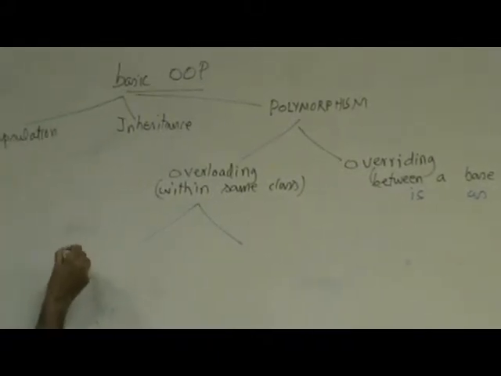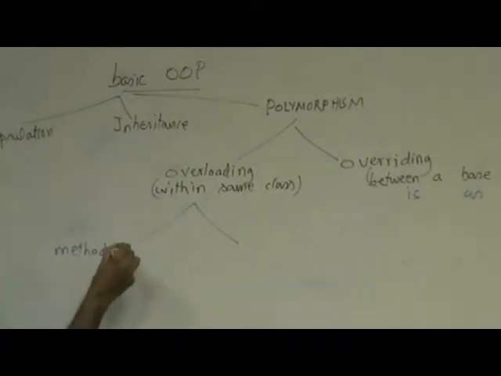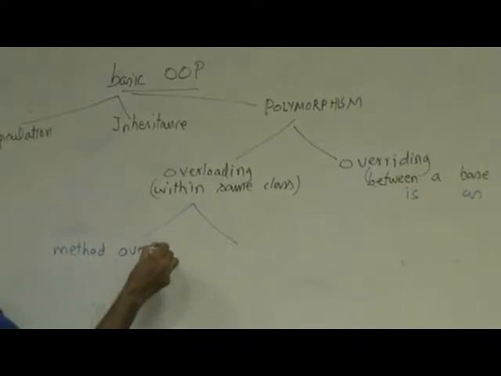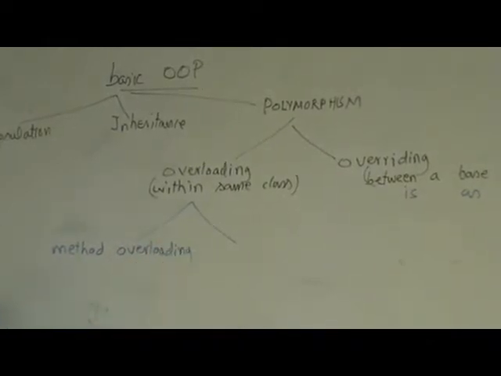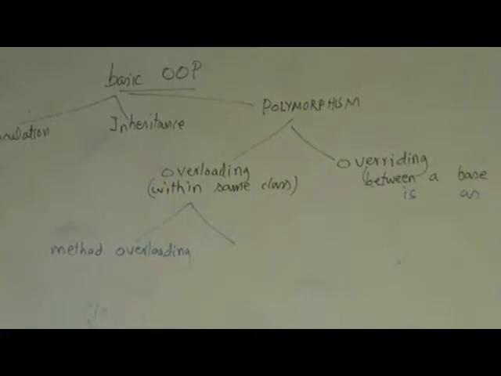One is method overloading. For example, if we create a class, see the constructor is like a method. We often overload constructors. We provide a constructor without any parameters. We provide a constructor with as many parameters as the number of fields in the class, right?